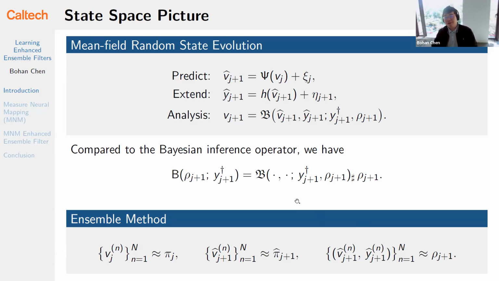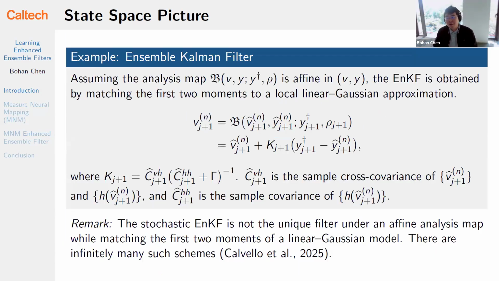A typical example of this ensemble method is the ensemble Kalman filter. The idea of the ensemble Kalman filter is that people assume that this analysis map, script B, is affine in the state V and the observation Y, and then write it in this way.